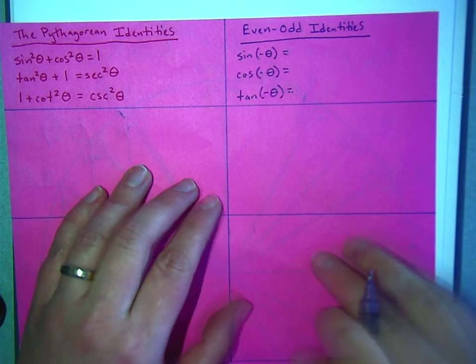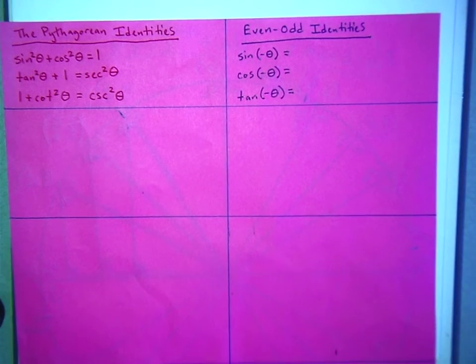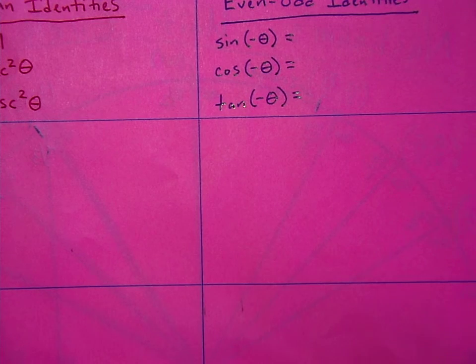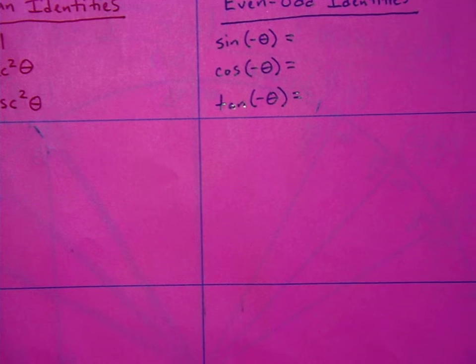All right, I just wrote sine of negative theta equals, cosine of negative theta equals, and tangent of negative theta equals.